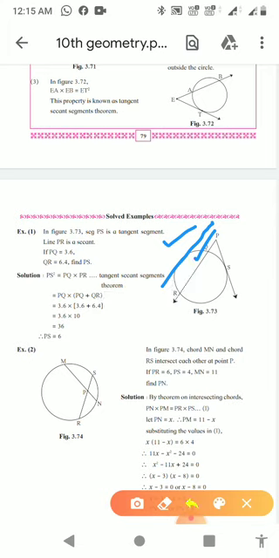Now I have all the values. The value of PQ is with me, QR is also with me. I can easily calculate PS. So I can write PS square equal to PQ, 3.6, into, in brackets, PQ again 3.6 and QR 6.4. These all values are given.